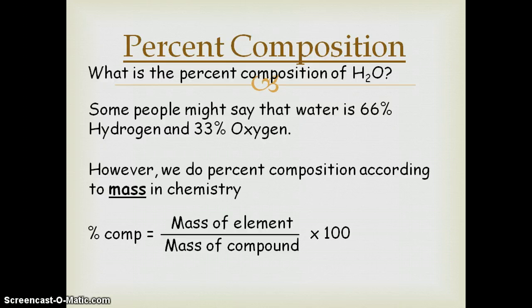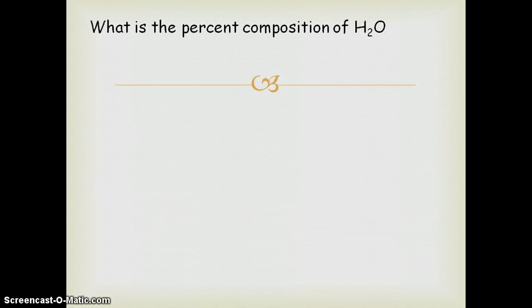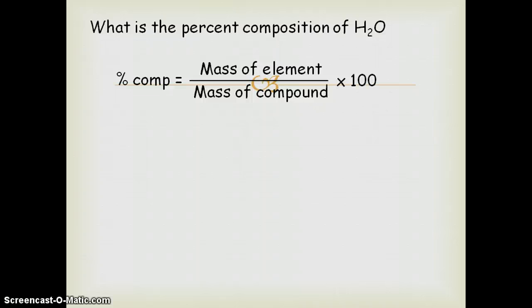So to show you an example of this with water, we're going to actually calculate the percent composition of water. Again, your percent composition is the mass of the element divided by the mass of the compound times 100. Okay.